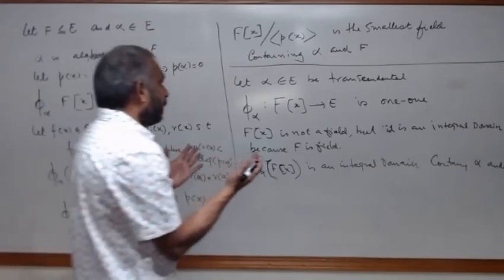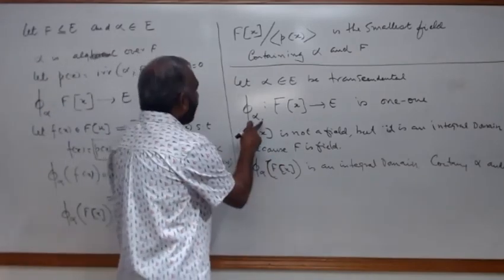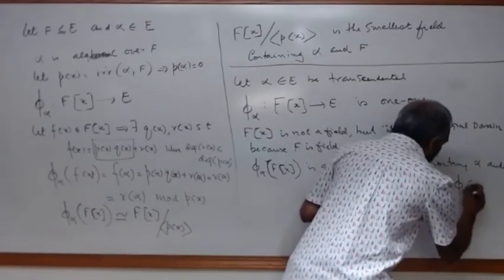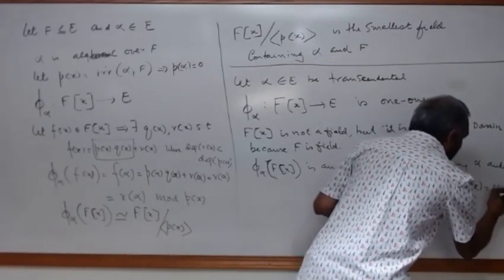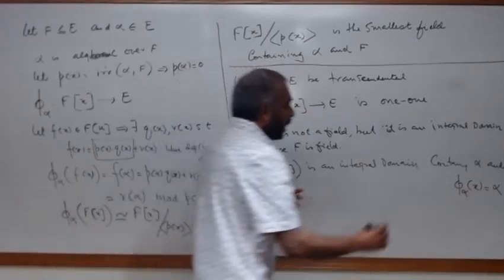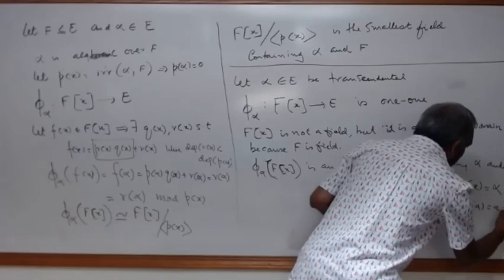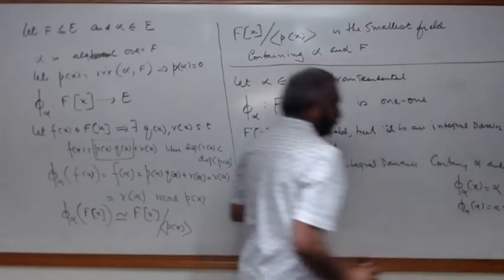Why alpha and f? Because phi of alpha of x is alpha, and phi of alpha of a is equal to a for all a in f.